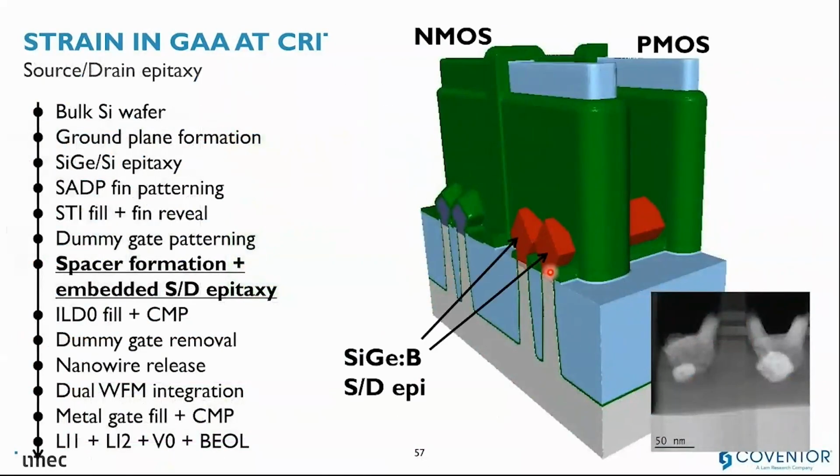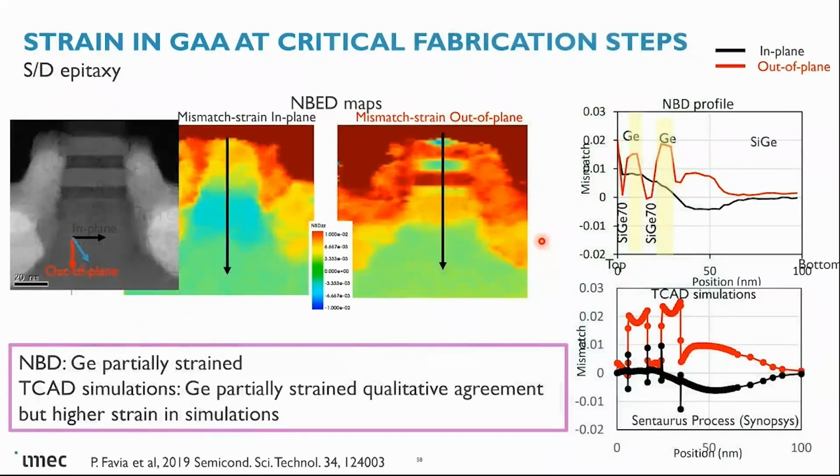So if we continue the fabrication of the device, we need to deposit the silicon germanium source and drain. And by measuring, we see that the mismatch is not 0, but it's lower than what we had before, especially for the bottom germanium channel.